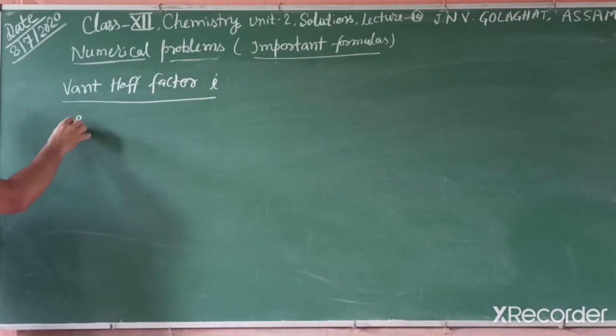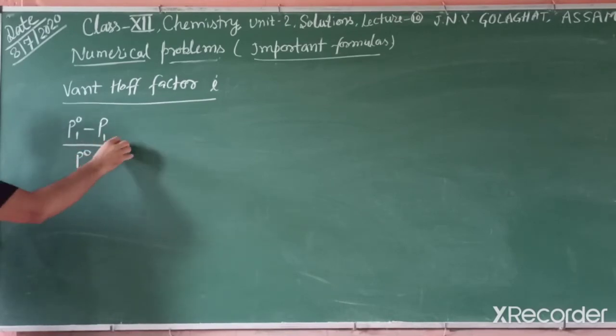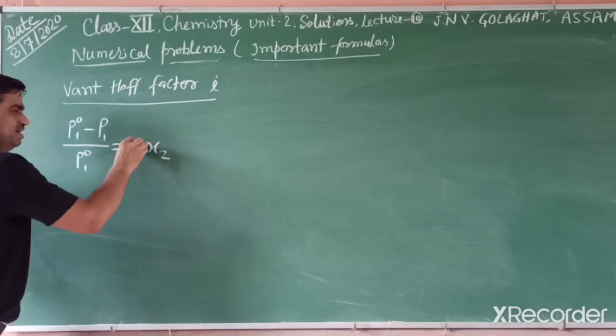First one, lowering of vapor pressure is directly proportional to the mole fraction of solute, so you write i.